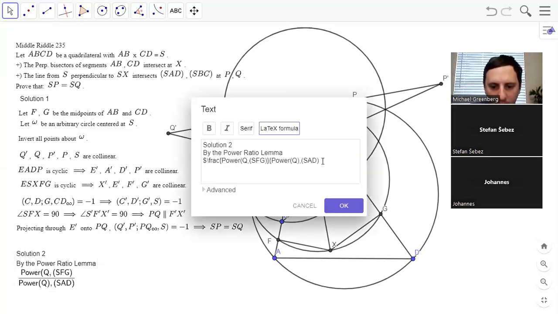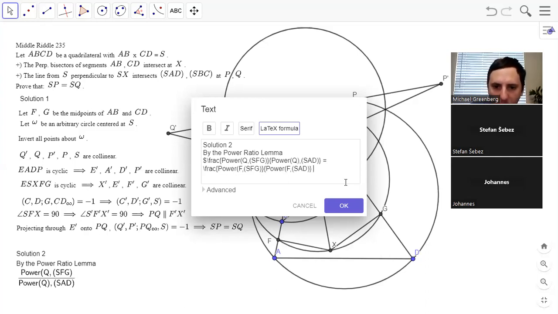So when I do copy paste, things get messed up. So I'm just going to write this out again. Power of F with respect to SFG over the power of F with respect to SAD.